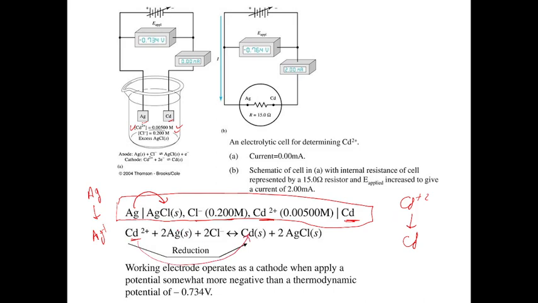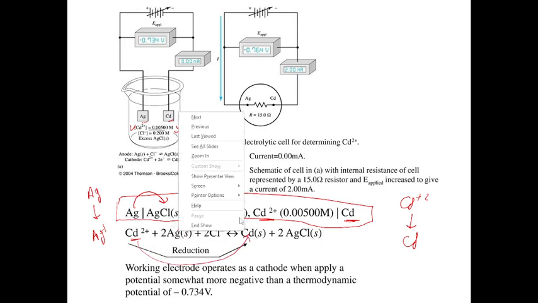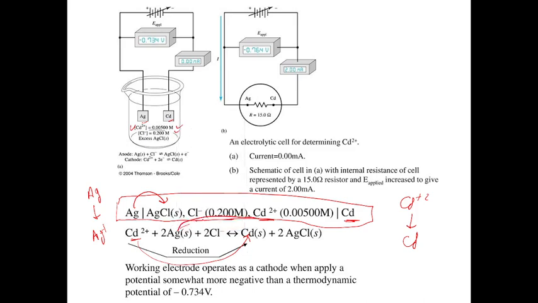It's the same thing. Ag is converting to Ag. You see it is AgCl, but it is Ag+ only; you can understand because it is Ag+ and Cl-. Initially it was metal, but it is reduced. So this is a redox reaction. The working electrode operates as a cathode when we apply a potential somewhat more negative than the thermodynamic one.